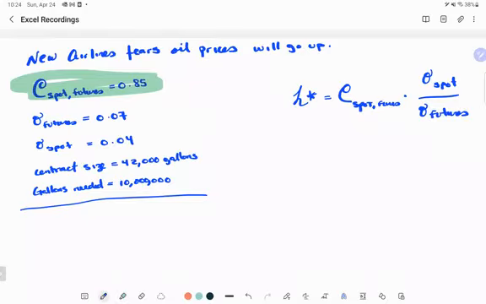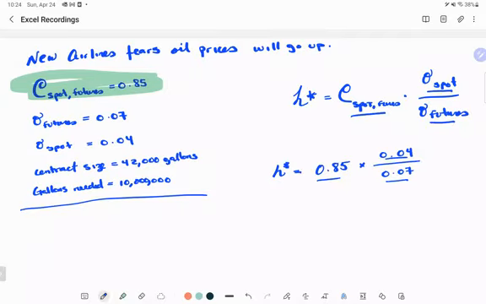So the first thing is to calculate the hedge ratio, and let's do that first. That is a very straightforward calculation because we are given the 0.85, then we are given the 0.04, and we are given the 0.07, which are the correlation, spot, and futures values.